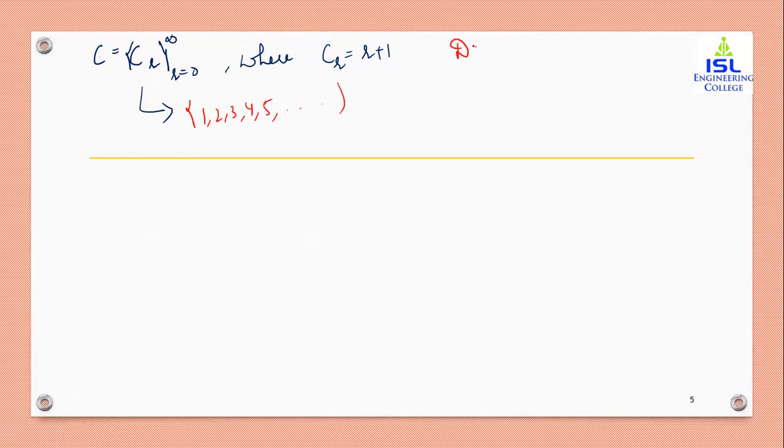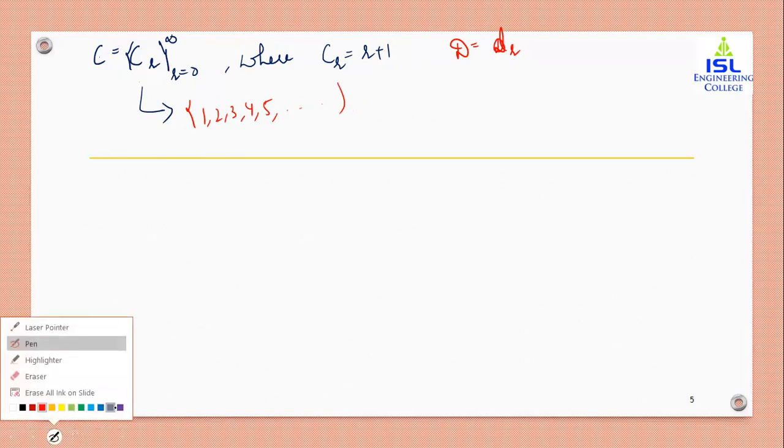Basically, it is the set of all natural numbers. Similarly, I'll take another sequence D, which is equivalent to dr. Okay, I'll be using the capital letter for denoting the set of all numbers. That is how you represent it normally in sets, and also the small letter.